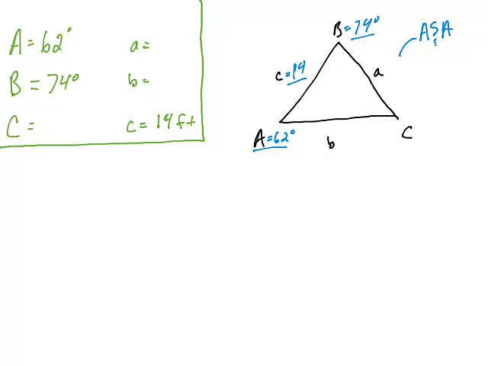So first of all, we can figure out what angle C is, because all the angles in a triangle must add up to 180. So A plus B plus C must equal 180.